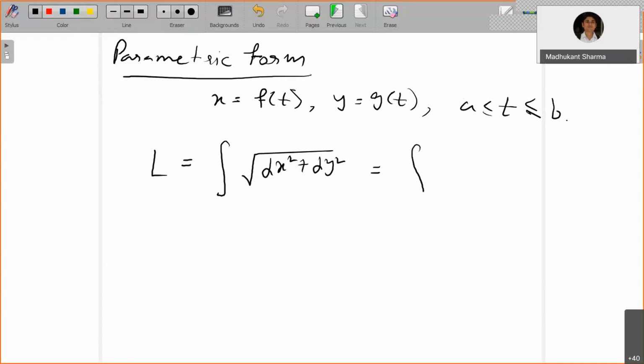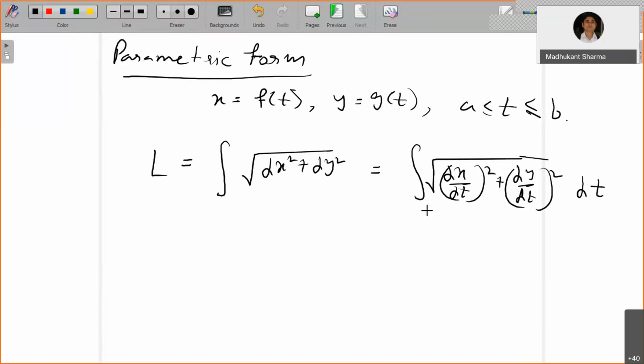So I can write the square root of dx by dt whole square plus dy by dt whole square, and these are small elements. So dt comes out of the square root, and you know that the limit of t is a to b. So this will give you the parametric form of the length of the plane curve. Okay, right. So for this, you can consider the following example.